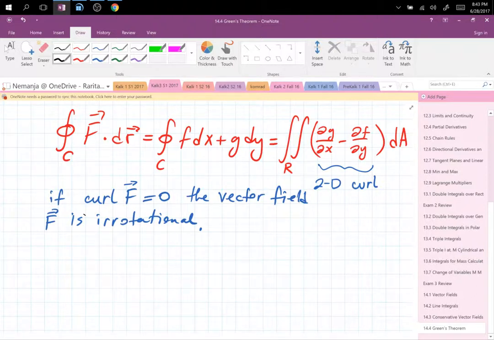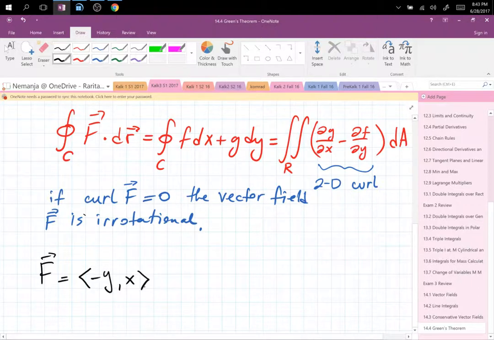So circulation, let me see. The vector field F, which is what we did before, is negative y, x. We're using the same problem as in 14.2. And we are on the unit circle, x squared plus y squared less than or equal to 1, which encloses the region. The region is connected because it's one piece. It's simply connected.